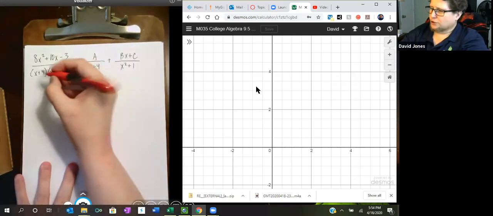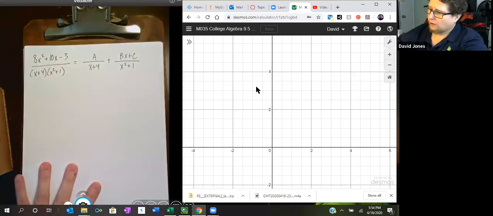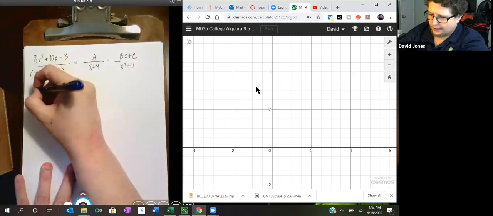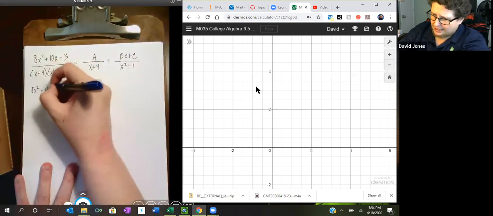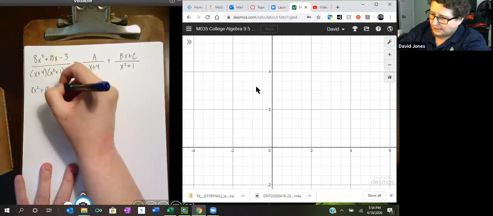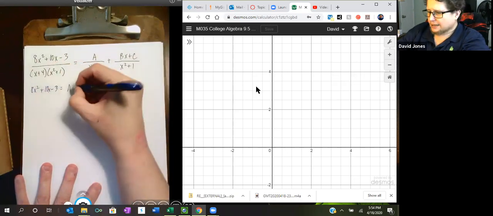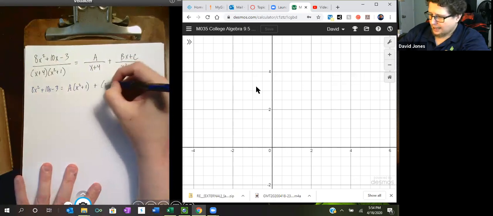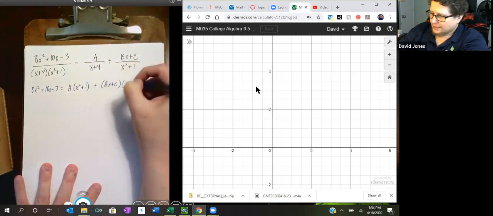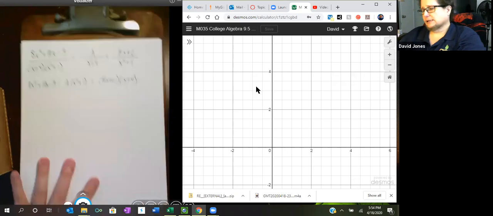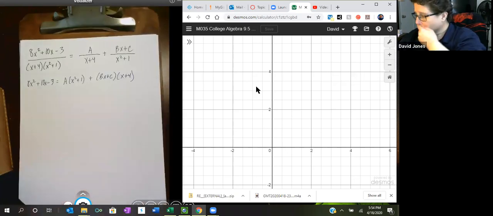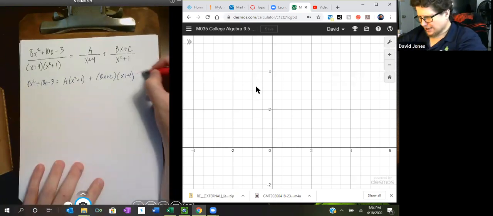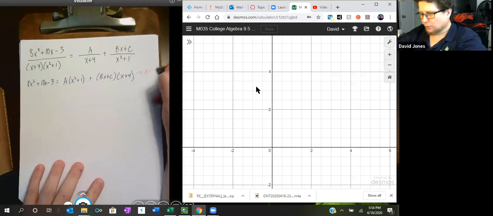Okay, I'm going to assume you did. When we clear fractions, we got 8x squared plus 10x minus 3 equals A times (x squared plus 1) plus (Bx plus C) times (x plus 4). Looks like x equals negative 4 is a good one to plug in.